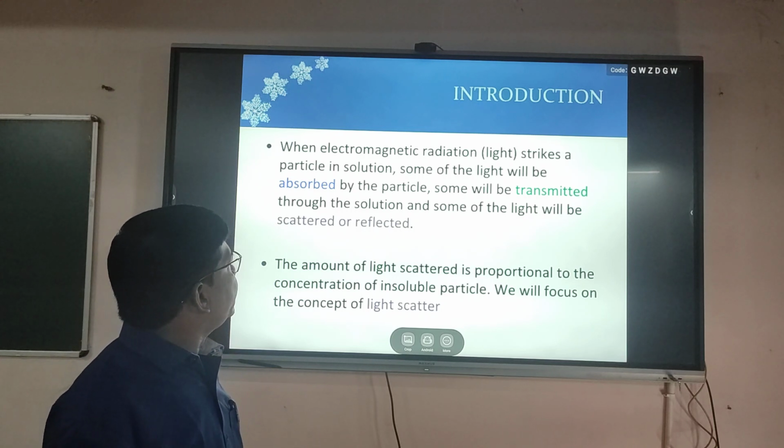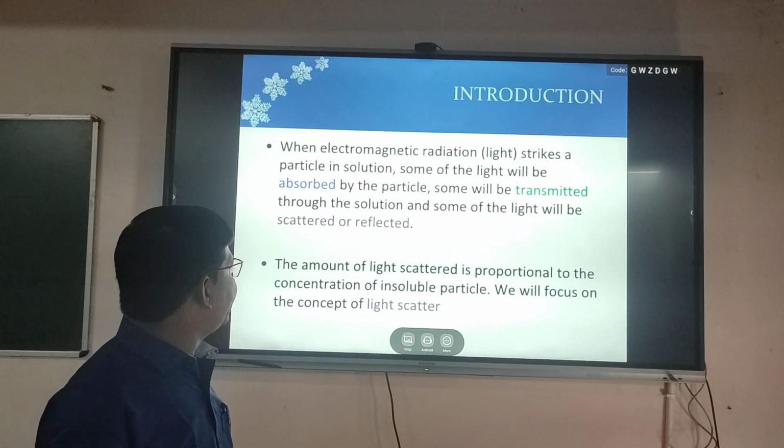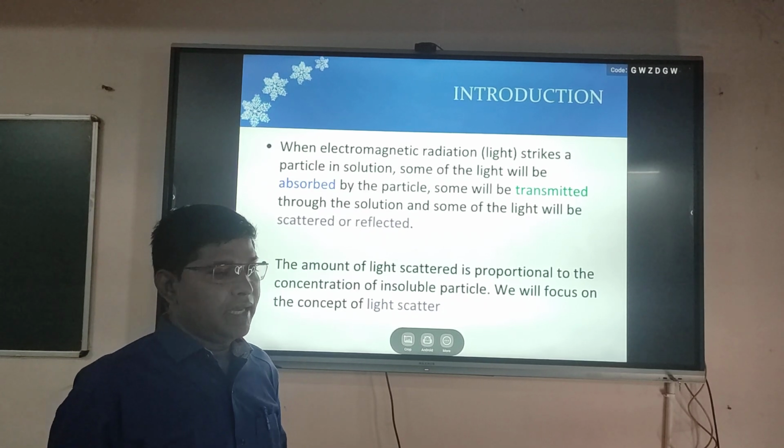When electromagnetic radiation strikes a particle in a solution, some of the light will be absorbed by the particle, some will be transmitted through the solution, and some of the light will be scattered and reflected.